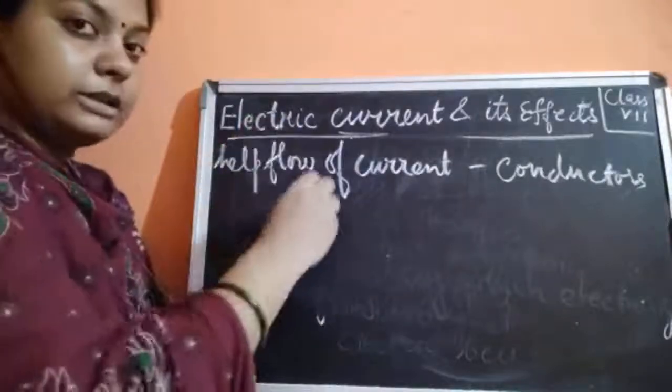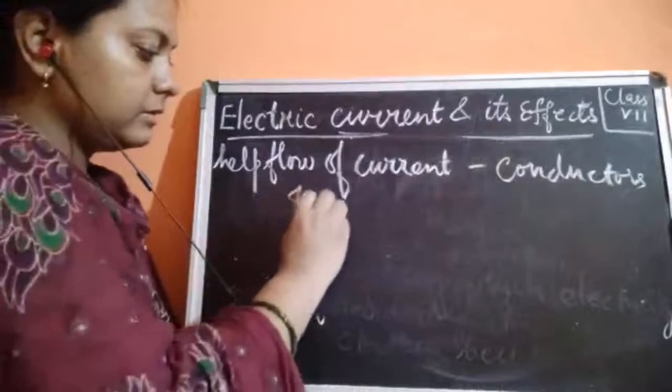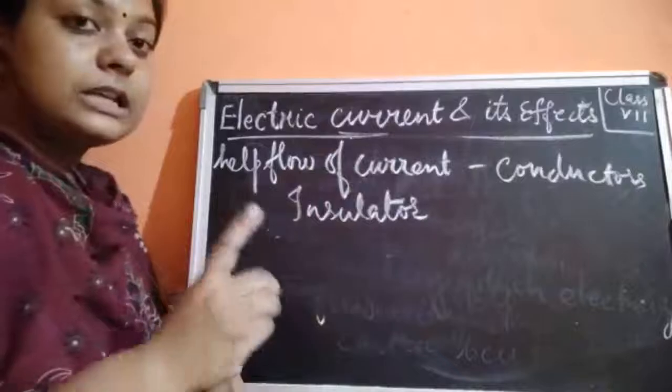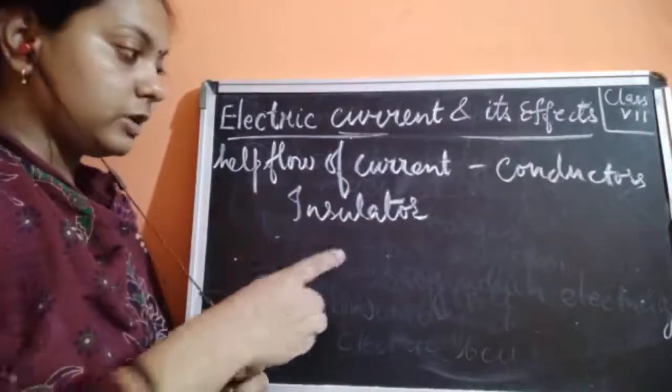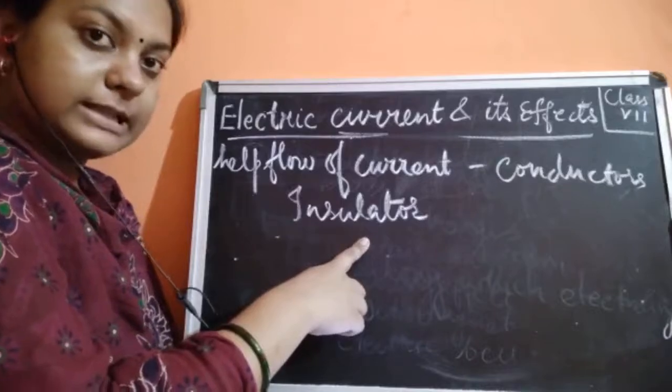Now, the opposite of conductors are insulators. These insulators are those which do not allow electricity to flow through them, such as wood and rubber.